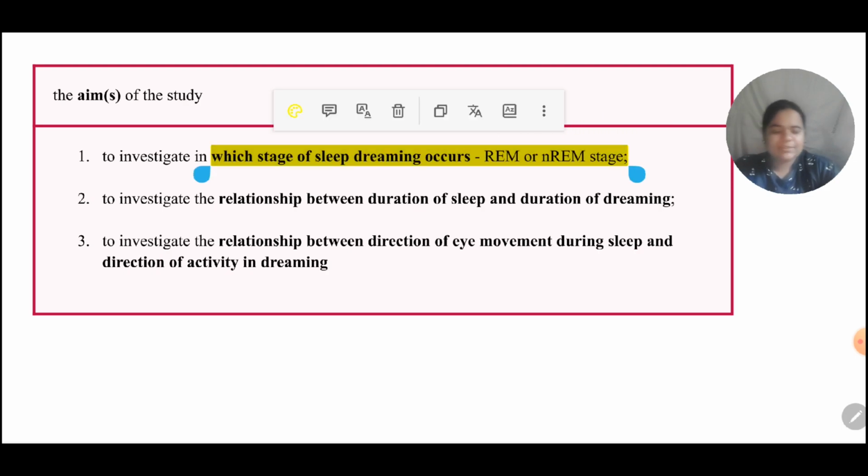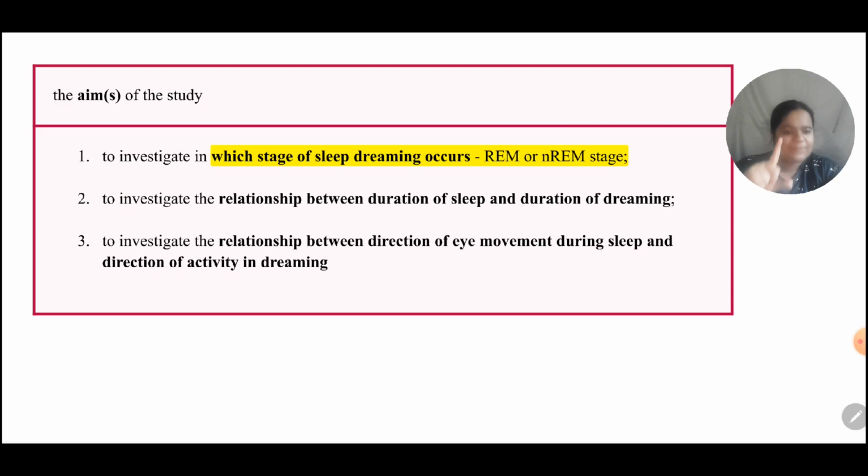So very logically, following what we have just seen, the researchers wanted to firstly investigate which stage of sleep dreaming occurs in, REM or NREM stage. They wanted definitive evidence that it occurs during REM stage of sleep. The next thing they wanted to know was, what is the relationship between sleeping and duration of dreaming? That is, for how long REM stage of sleep occurs, for that long only is a person dreaming or not?